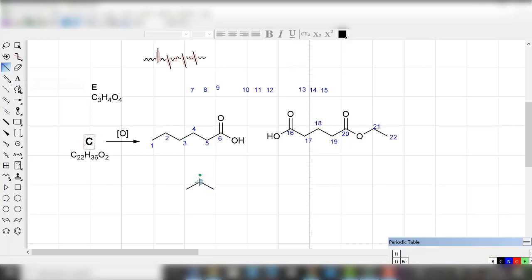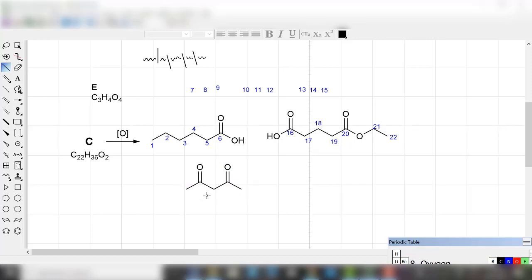So that makes life really easy because all we need to do is just draw the molecule. Draw E out, and then put in the oxygen. Okay. And then after that, put in the numbers, right?